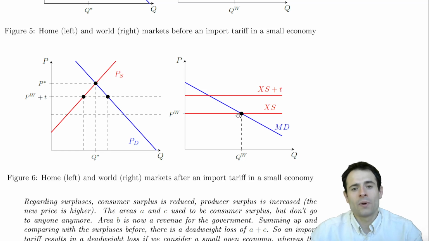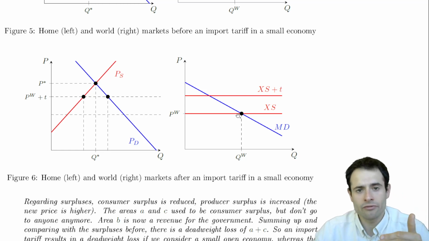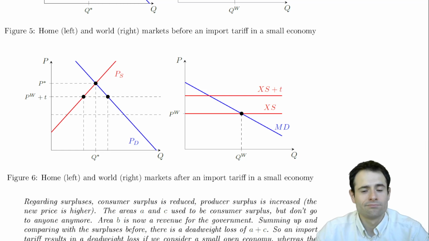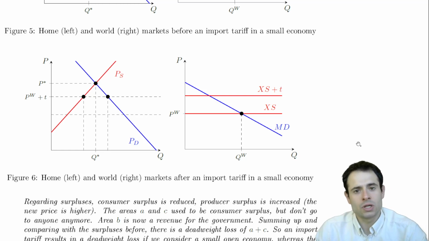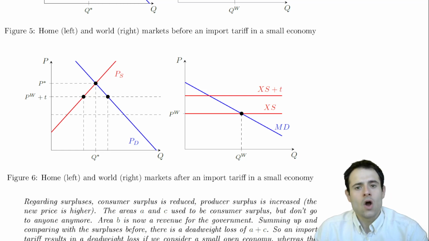If you are a small open economy, this model says that you should not impose an import tariff on goods coming from abroad. It might help if you are a big country, as in you can protect your industry. If you are a small open economy, overall you're going to make more pain than gain.